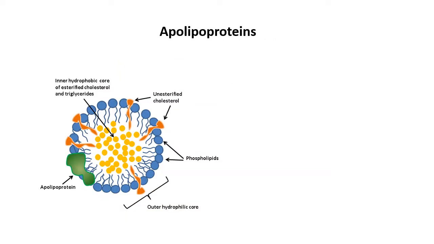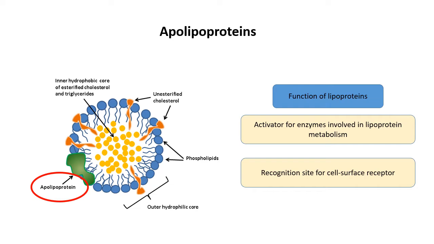Apolipoproteins are the protein component of lipoproteins associated with lipoprotein particles on the outer surface, as you can see in the figure. These apolipoproteins have several functions. For example, they provide recognition sites for cell surface receptors, also serving as activators for enzymes involved in lipoprotein metabolism.